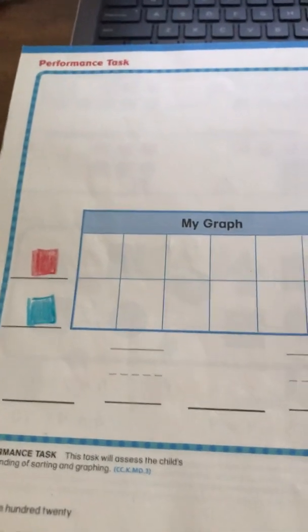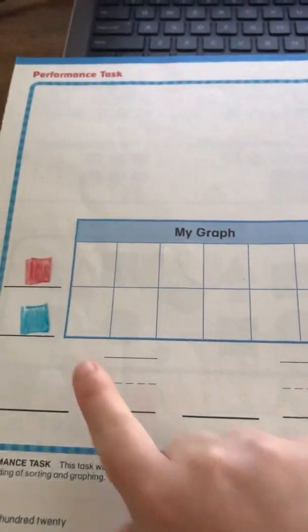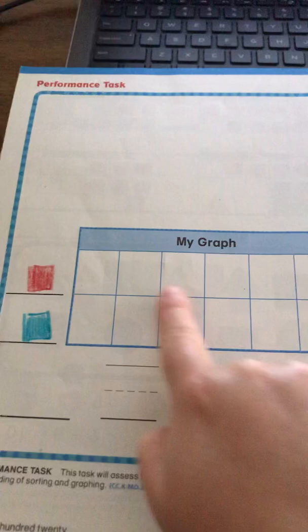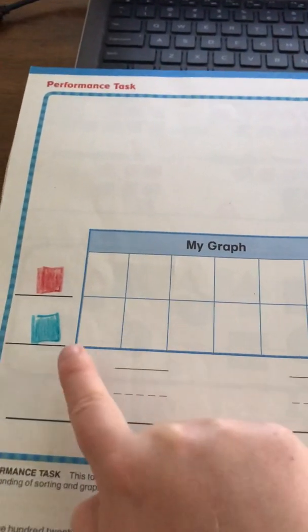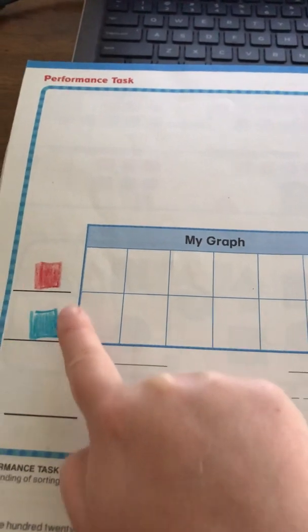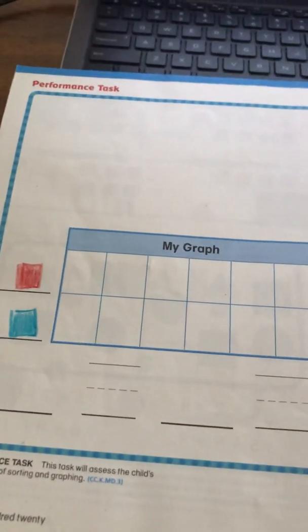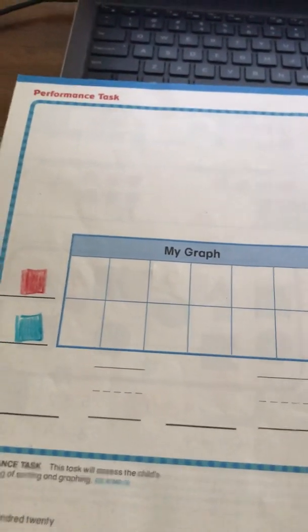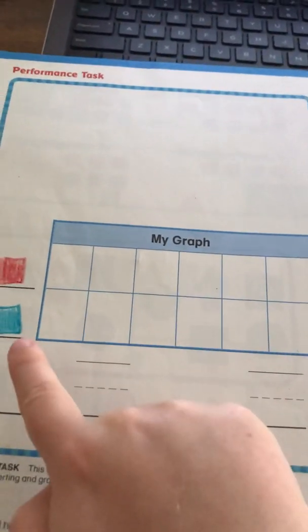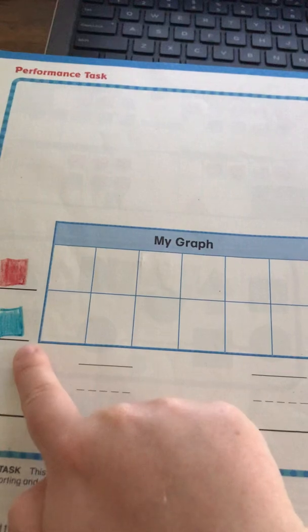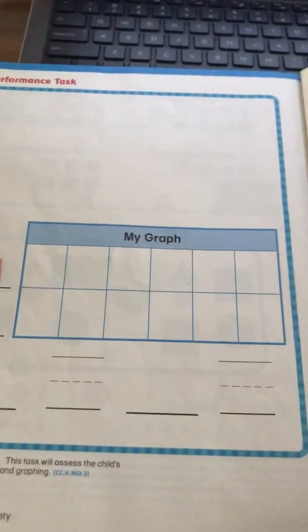And here's what I'd like you to do, KB. Please fill your graph to make more blue than red. Fill in your graph to make more blue than red squares.